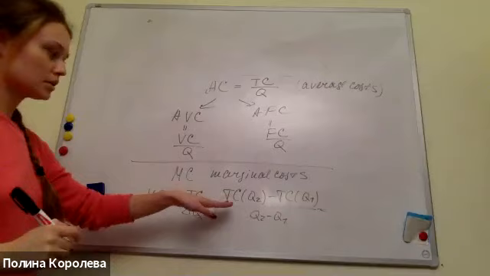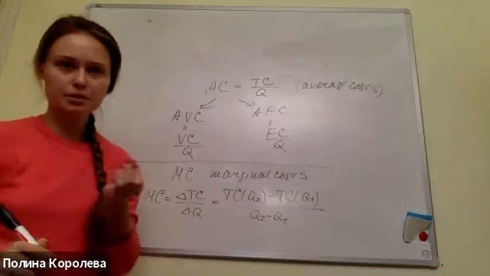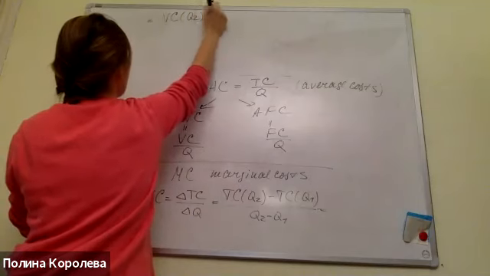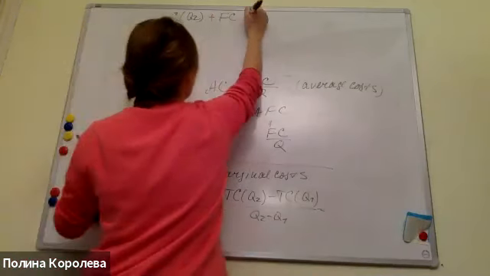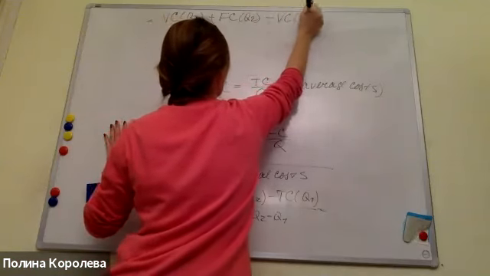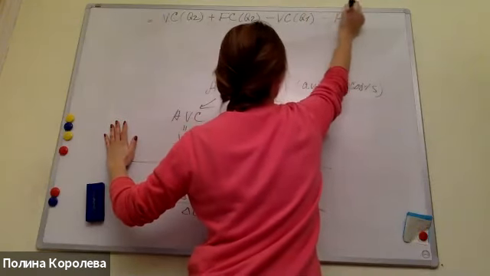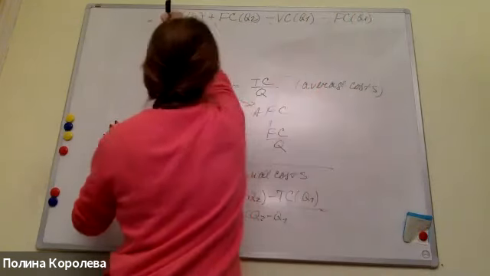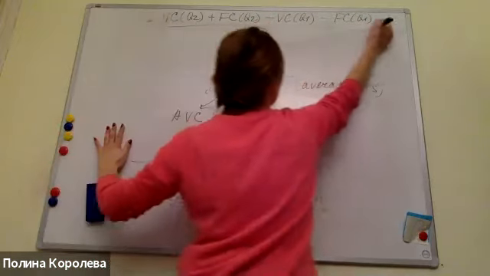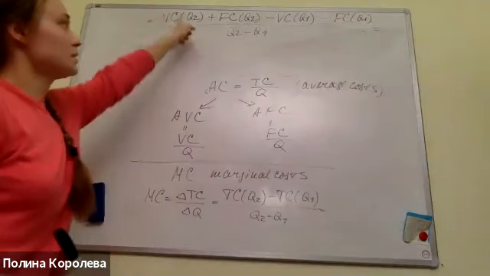Let's write. Here, total costs consists of variable and fixed costs. So this will be variable costs when we produce Q2 plus fixed costs when we produce Q2 minus variable costs when we produce Q1 minus fixed costs when we produce Q1, over the change in quantity, Q2 minus Q1. What can I delete here?